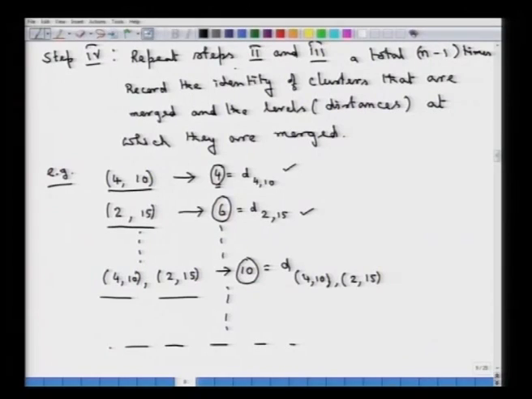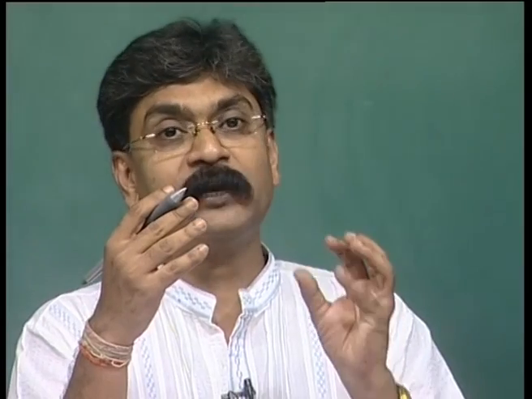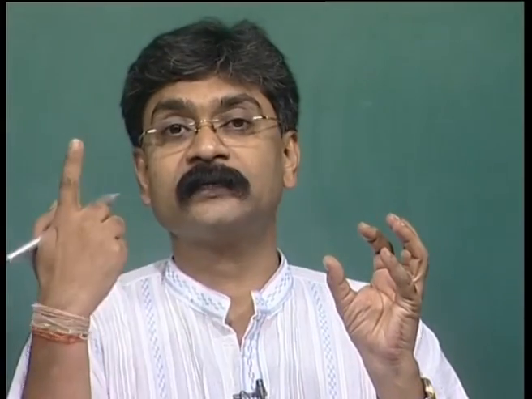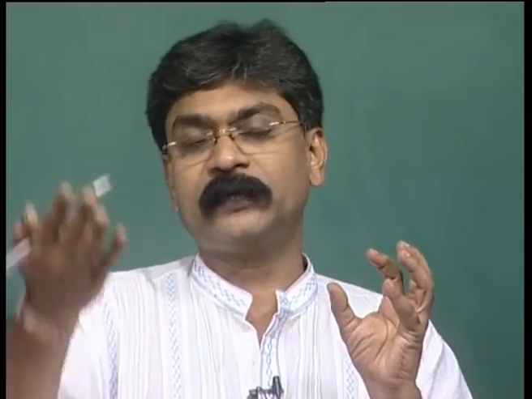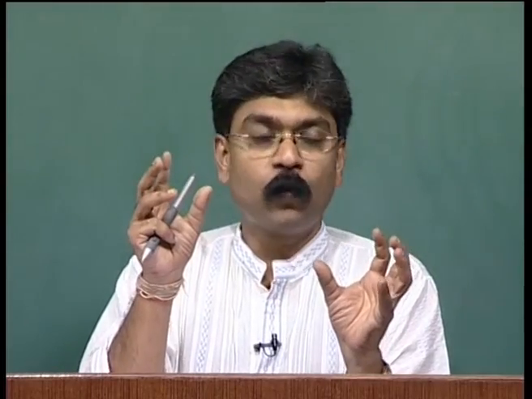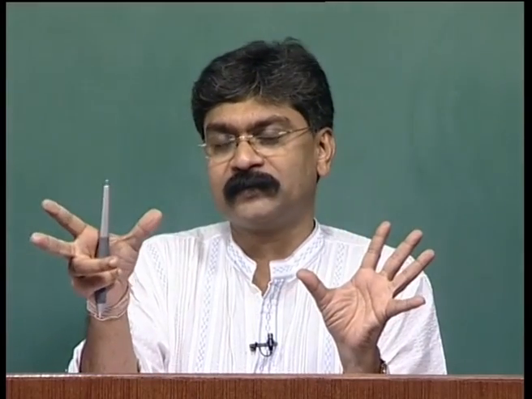At the later stage of the algorithm, when we are repeating steps 2 and 3, at a particular point of time, at the first step of updating, we will require the distance between a cluster which has 2 cases and clusters which have 1 object. At subsequent steps, we might confront a situation where we have 2 clusters, one containing 4 cases, the other containing 2 or 3 cases, right.